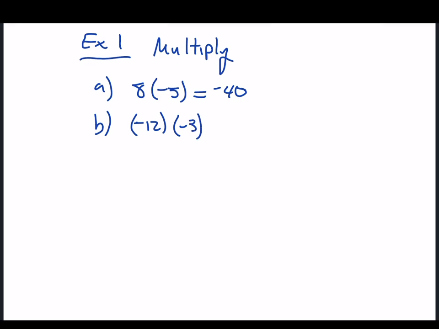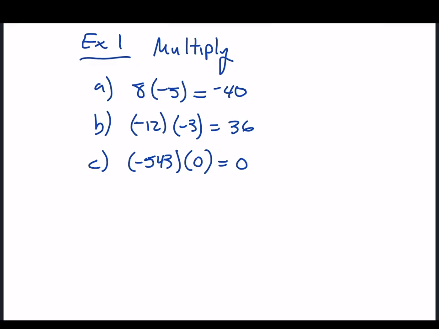Those have the same sign. They're both negative, so we'll end up with a positive number. And 12 times 3 is 36. Part C. We have negative 543 times 0. If you remember, anytime 0 is a factor of a product, that product is 0. So that's what happens when you multiply two real numbers together.